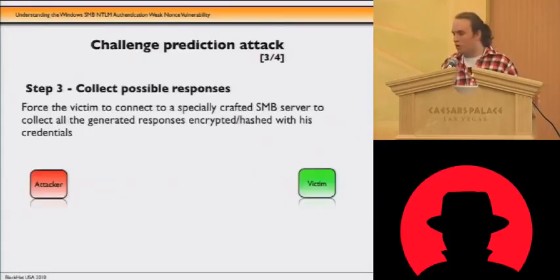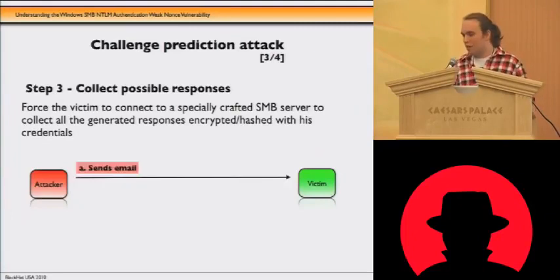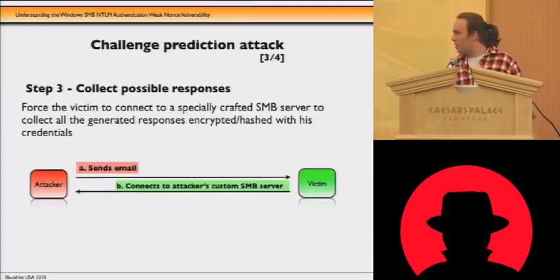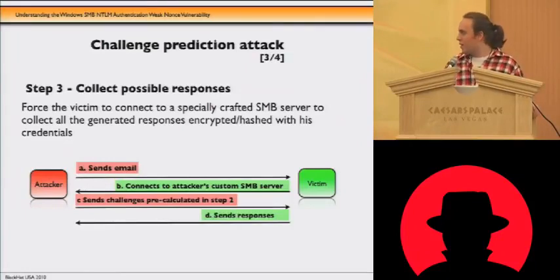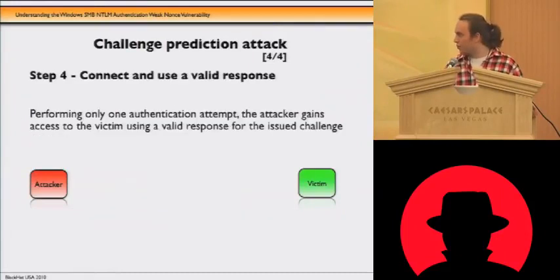Then, how to collect all the responses for those challenges? Well, we could send an email to a victim with, for example, an HTML with image tags, and the victim will connect to the custom SMB server, and the attacker will send all the challenges pre-calculated using that internal vector, and the victim will send back the responses for all those challenges.